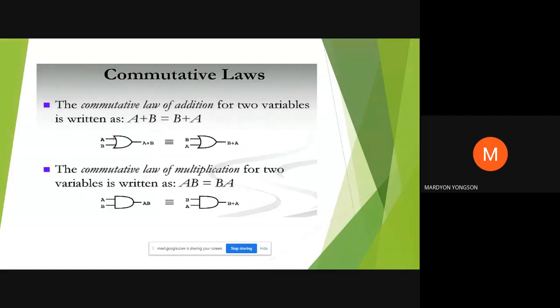So we have this OR gate. So we have a, b as input, and then we have a plus b as an output. Then equals daw siya sa b plus a. Ayun yung commutative law. And then the commutative law of multiplication for two variables is written as a times b equals b times a.